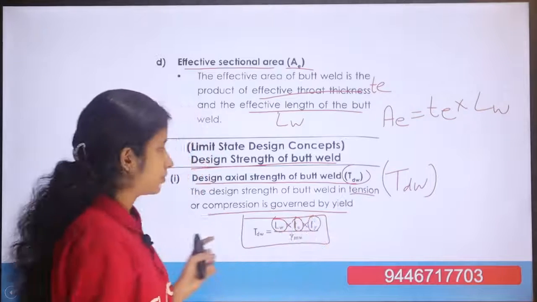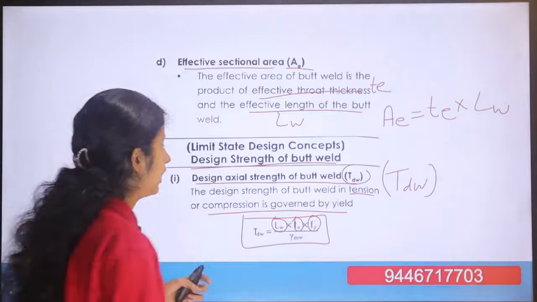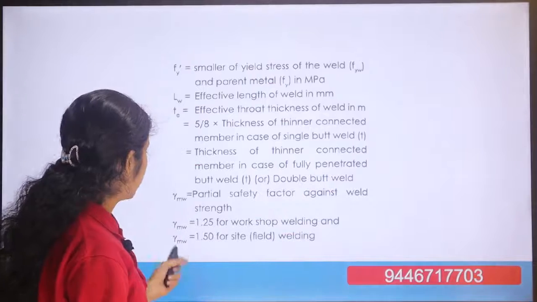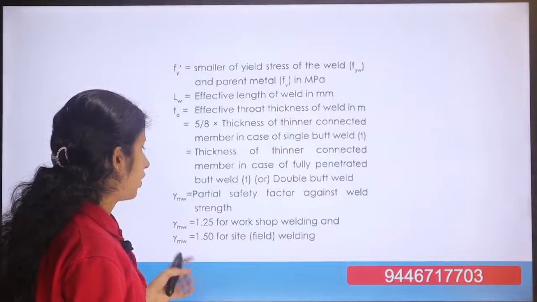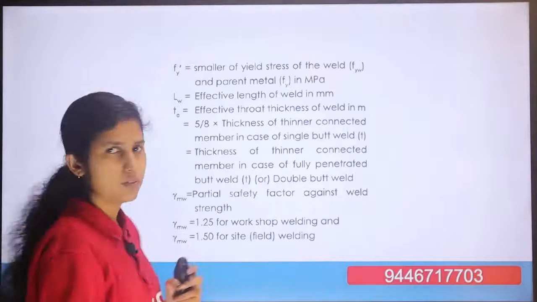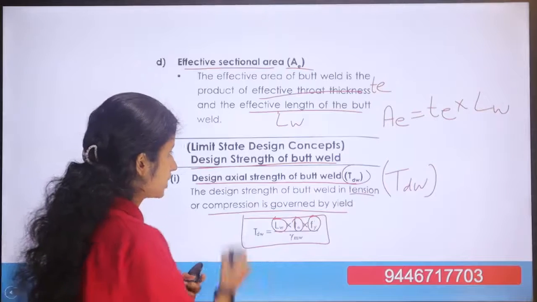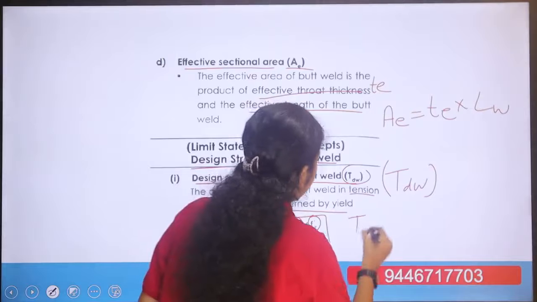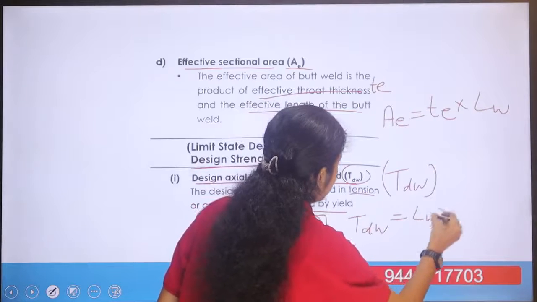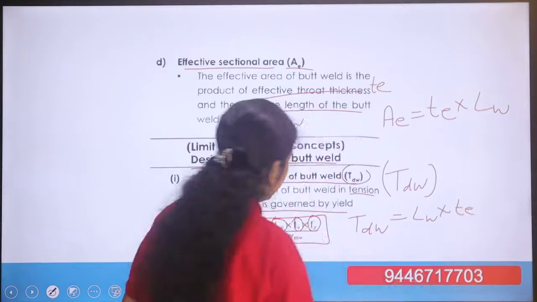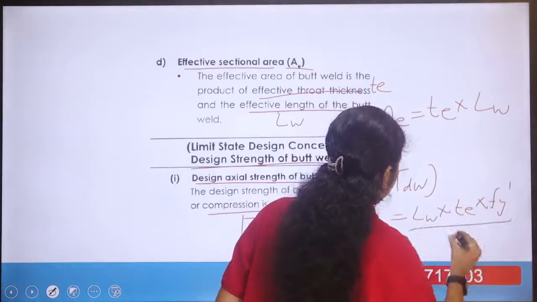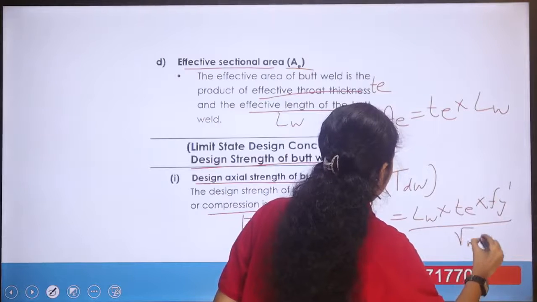Gamma MW is taken as 1.25 for the workshop welding and 1.5 for the site welding. So our equation is TDW is equal to LW into TE into Fy dash divided by gamma MW.